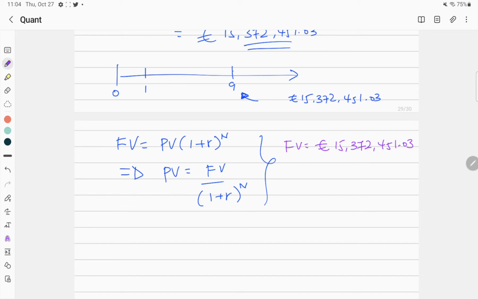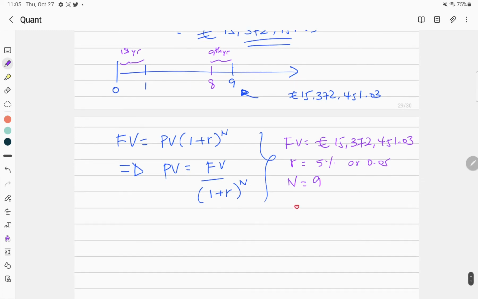Our rate is still 5% or 0.05. And our n is 9 years. This is the first year, second year, and so on, and this is the 9th year. So our n is 9.